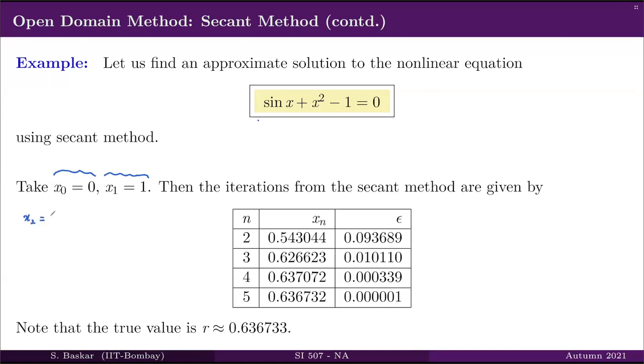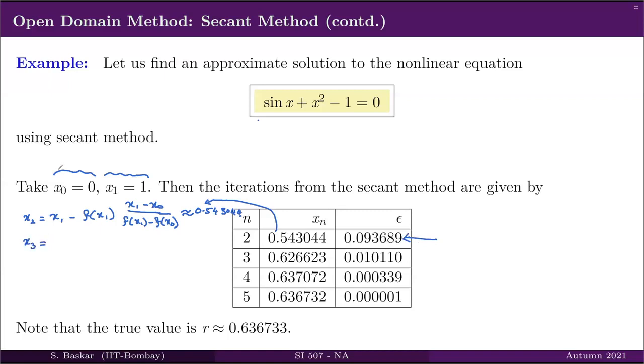Its formula is given by x1 minus f of x1 into x1 minus x0 divided by f of x1 minus f of x0, and that in my calculation is given by this number, that is 0.543044, and the error involved in x2 when compared to the root r is equal to 0.6367 and so on, given by this number. Similarly, you can find x3.